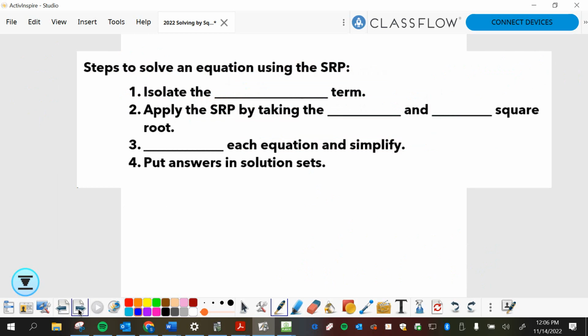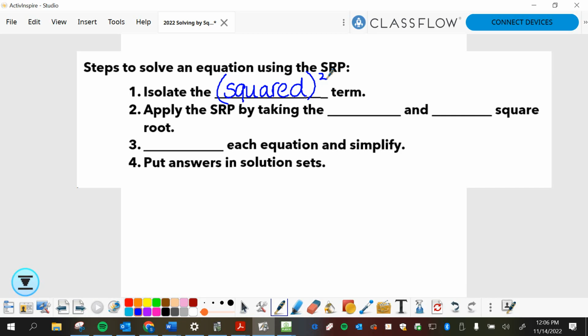Okay. So now we've got steps to solve an equation that can be solved with the square root property. Step 1, isolate the squared term. So whatever is being squared, you want to isolate that. And what I mean by squared is it's the thing that's being squared, right? Like that's what that means.